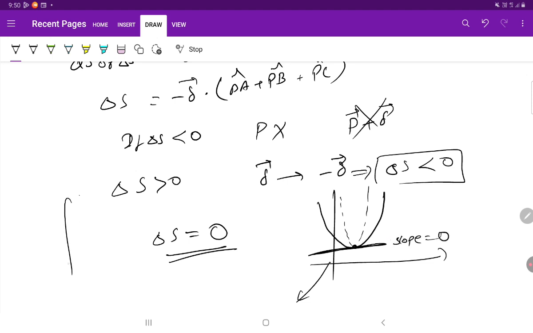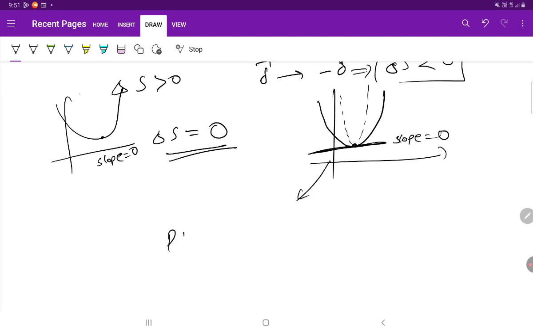Like a parabola, at the minimum point we have slope equal to 0, but curvature is non-zero. The similar thing happens: the first order of delta is 0, but maybe the second or third order may not be 0.